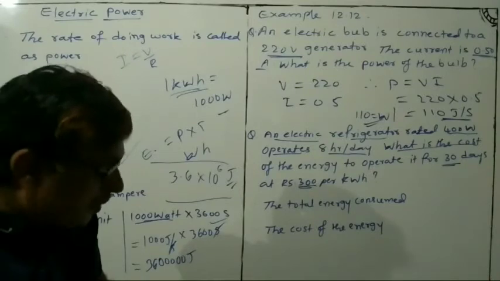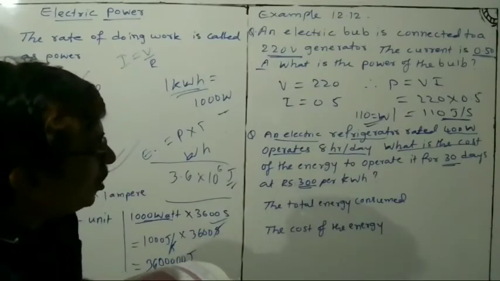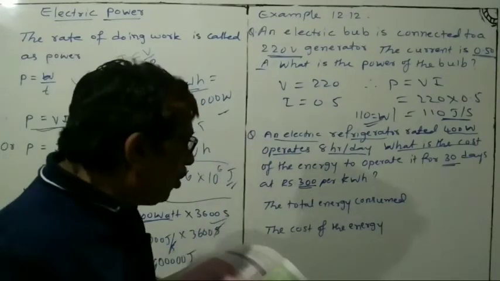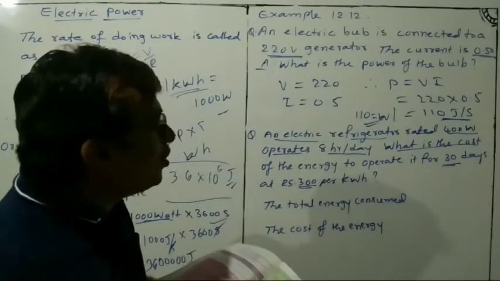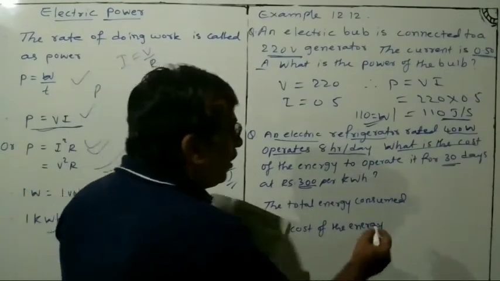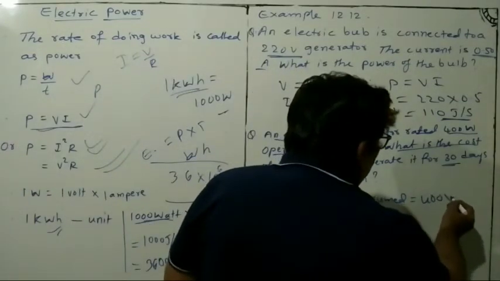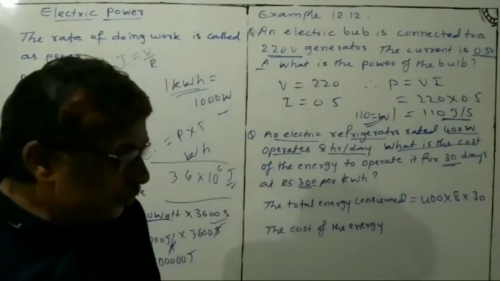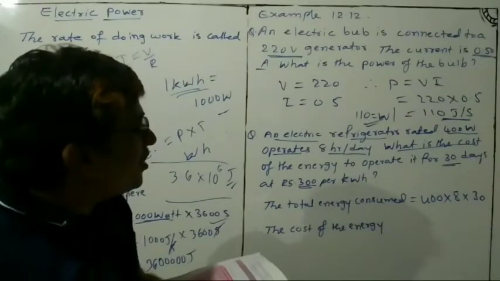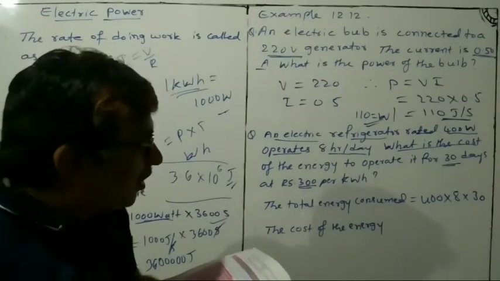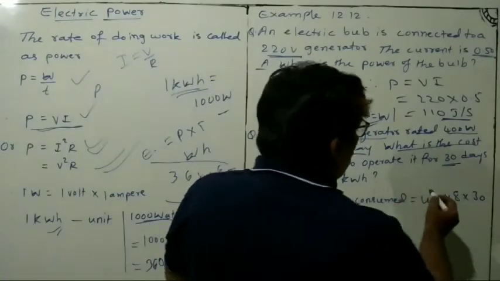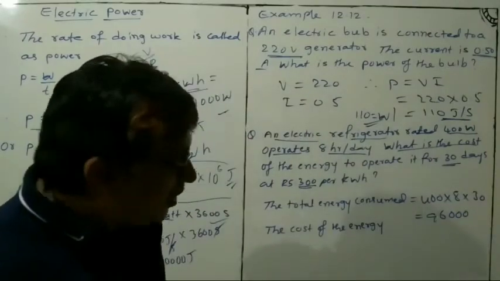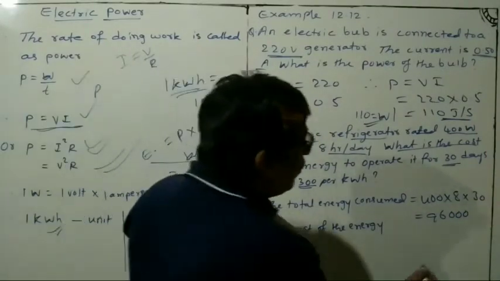Look at now, here the total energy consumed by the refrigerator for 30 days is 400 multiplied by 8 multiplied by 30. So you get the answer 96,000 watt hour.